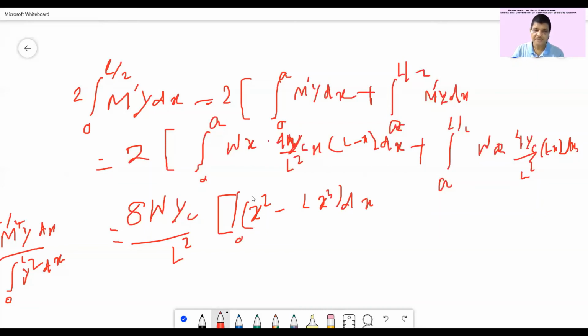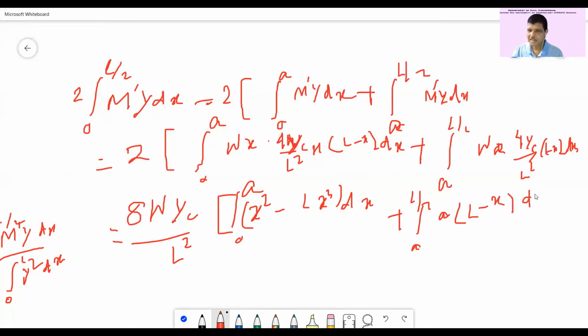Then plus the integration from a to L by 2. Now it becomes a multiplied by L minus x into dx.